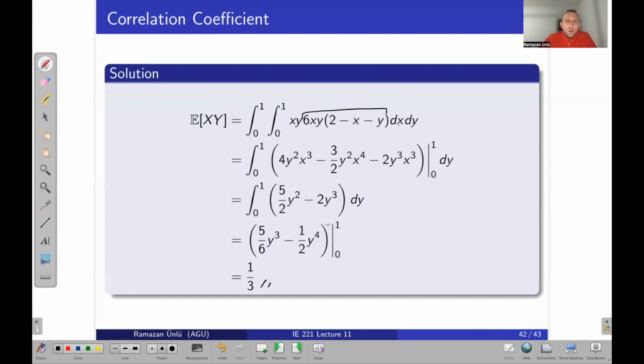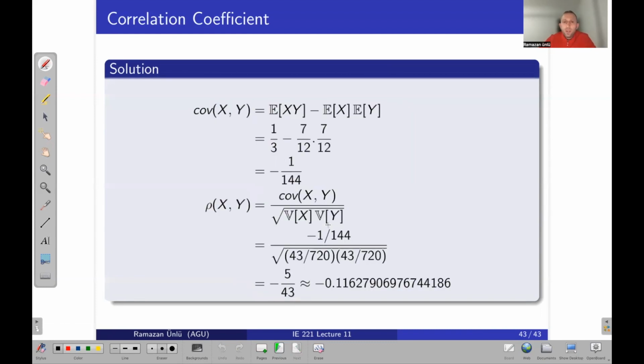So now we know all the things we need to calculate the covariance and the correlation coefficients, right? Let's first calculate the covariance of x and y, which is the expected value of x times y, minus the expected value of x times expected value of y.